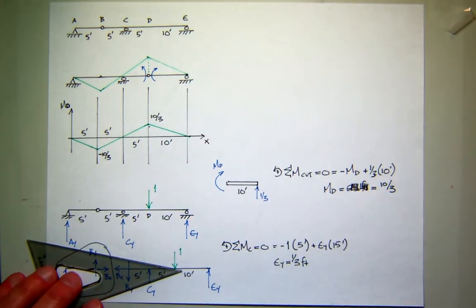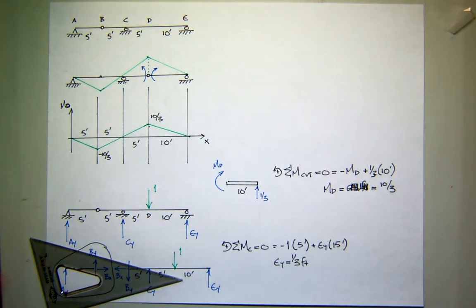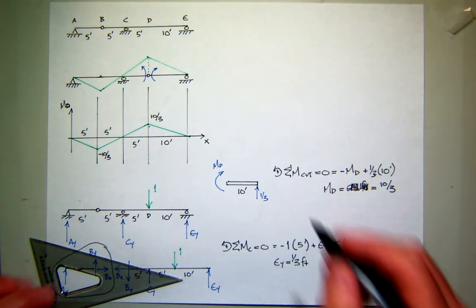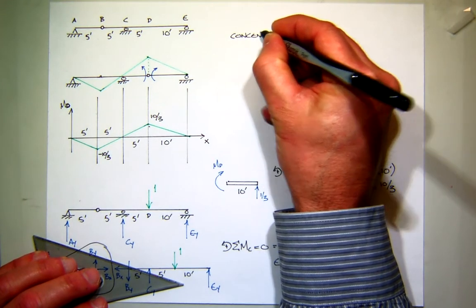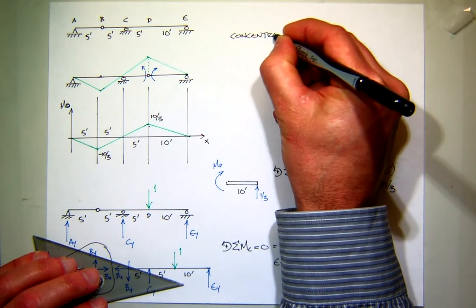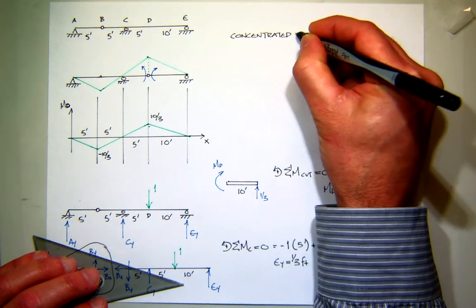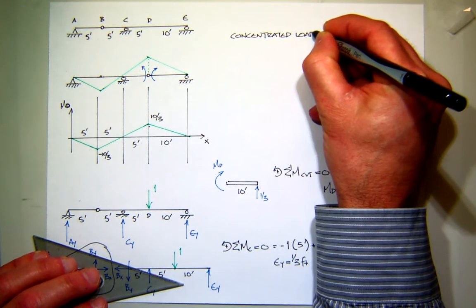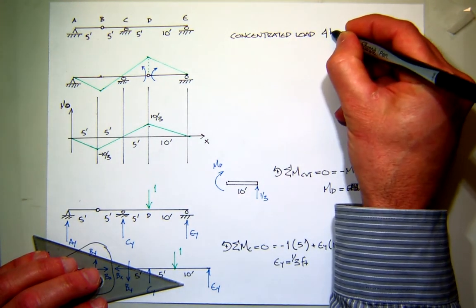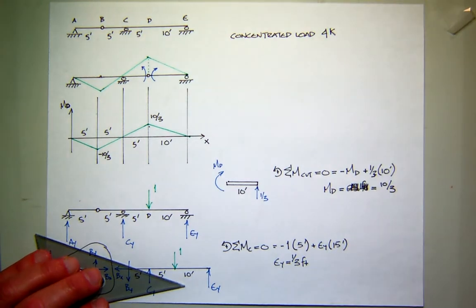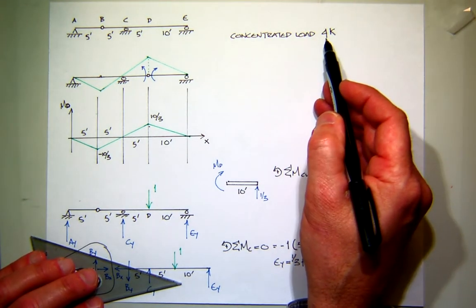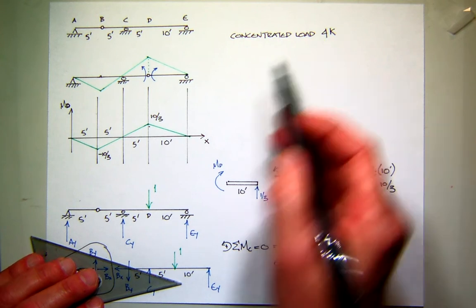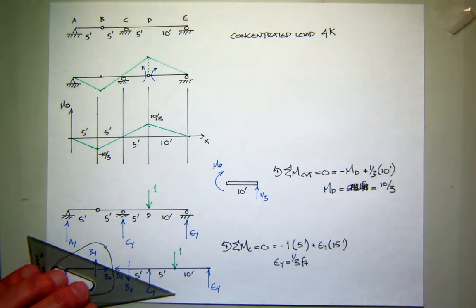So now we solve the problem with a concentrated load of 5 kips. I said 5, but I meant 4. It's 4 kips. So where do I put my concentrated 4 kip live force where it creates the maximum positive moment?